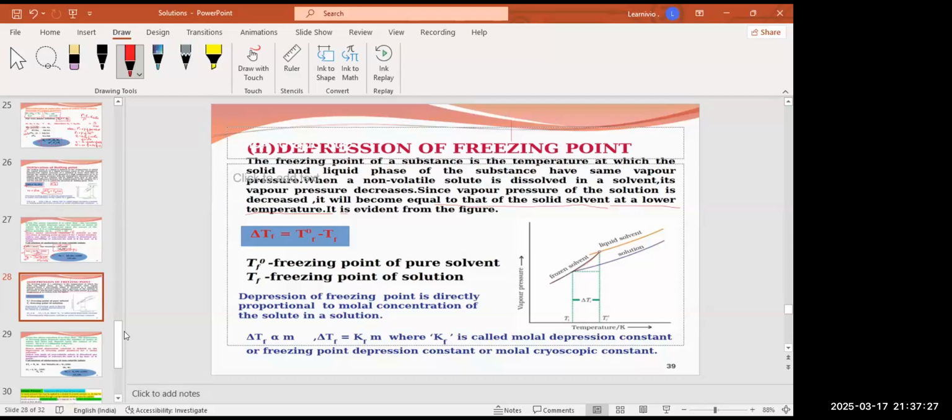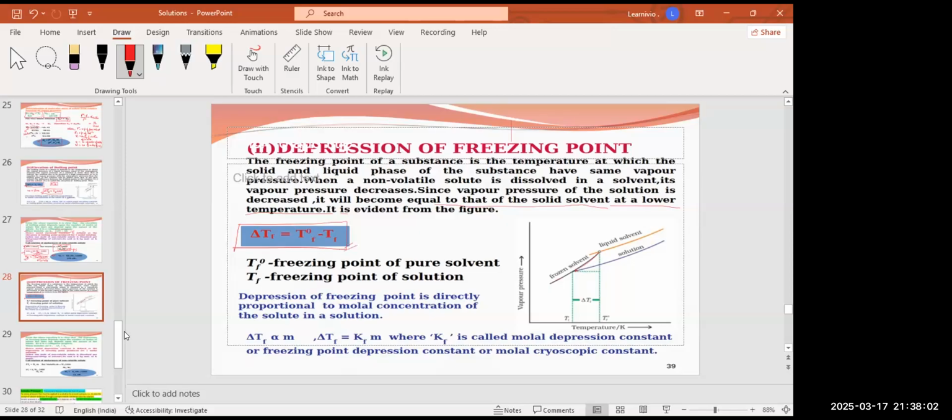Vapor pressure decreases, and for the solution, the vapor pressure becomes equal to that of the solid solvent at a lower temperature. So what we get is delta TF. What is delta TF? The depression in freezing point: TF naught minus TF. TF is your freezing point and TF naught is the freezing point of pure solvent.